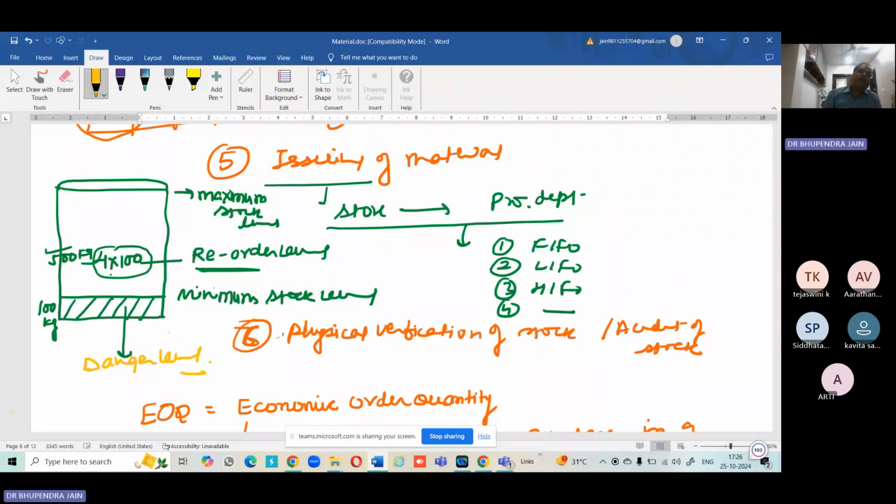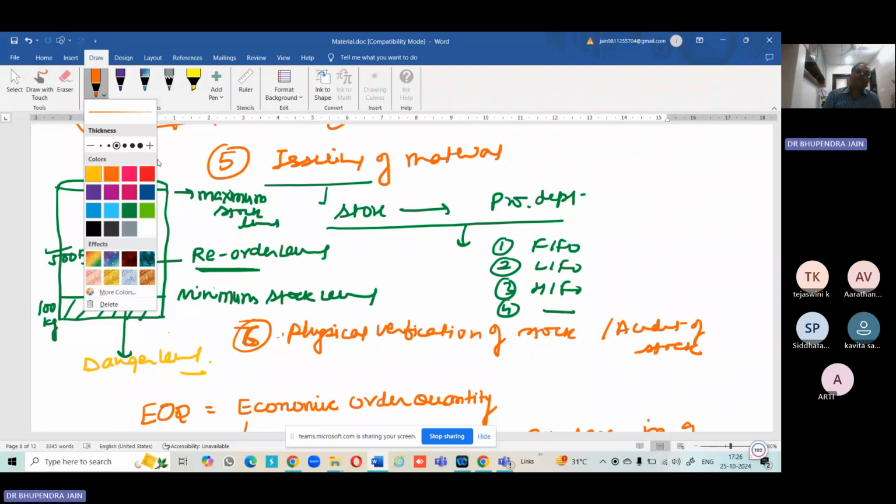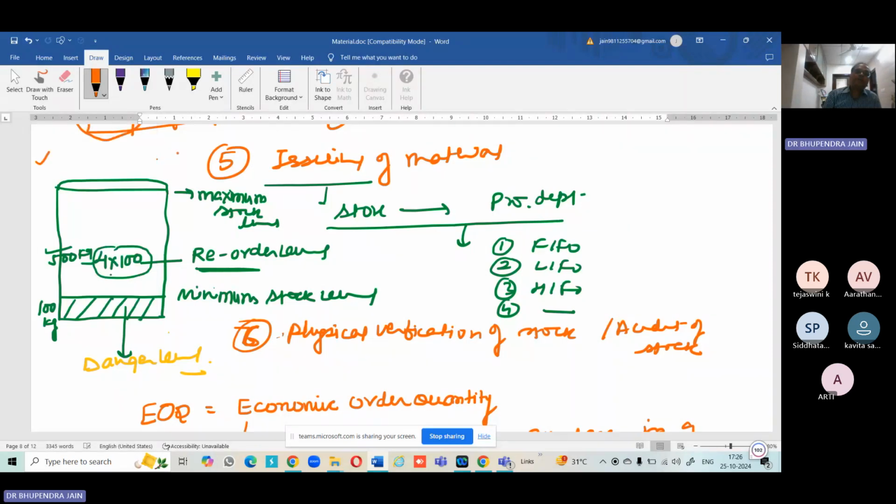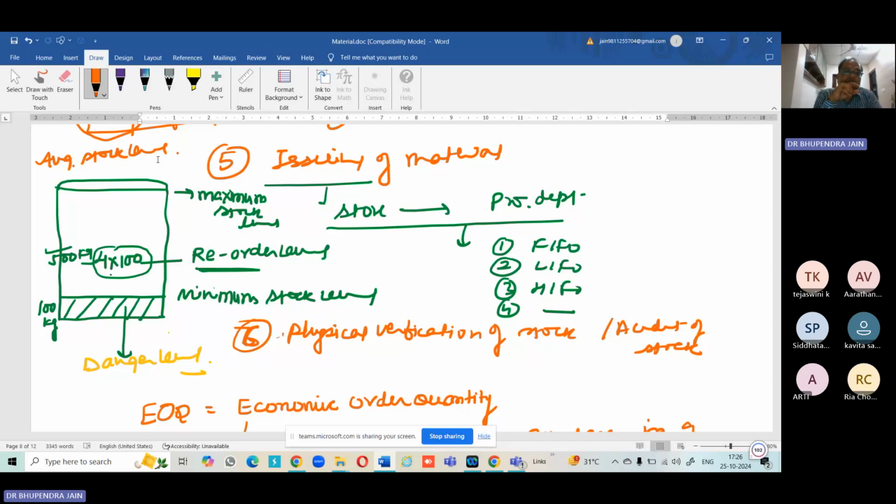And one more level is the average stock level: minimum stock plus maximum stock, divided by 2. So these are the total 5 levels of storage of material. Number one is the maximum level, number two the minimum level, number three the reorder level, number four the danger level, and number five the average stock level.